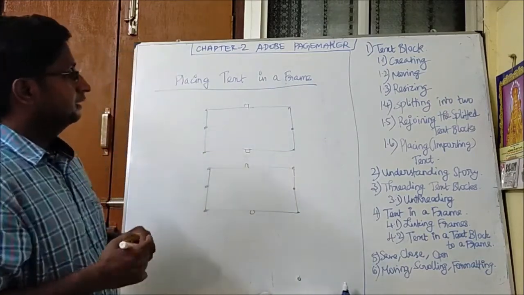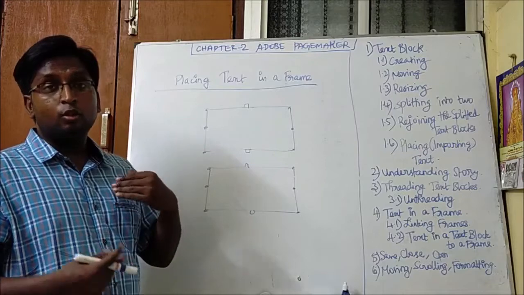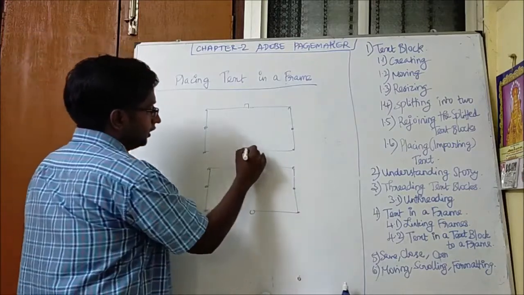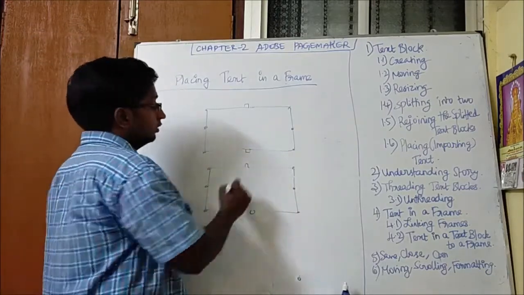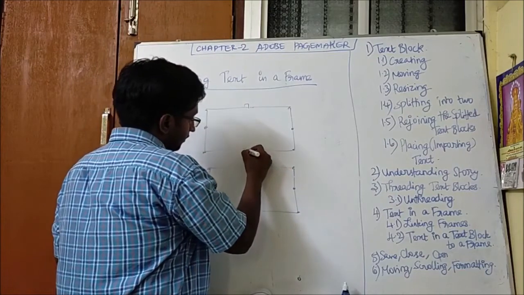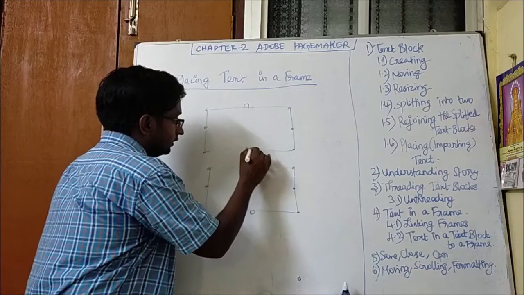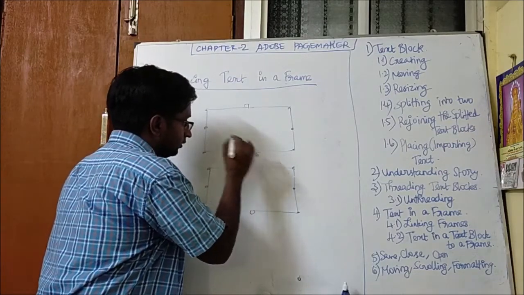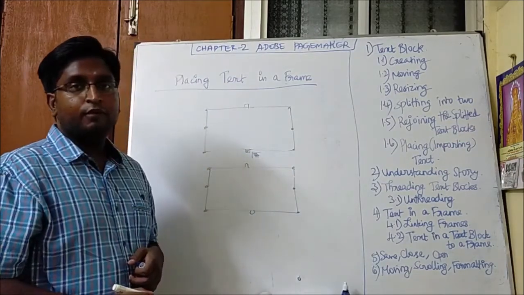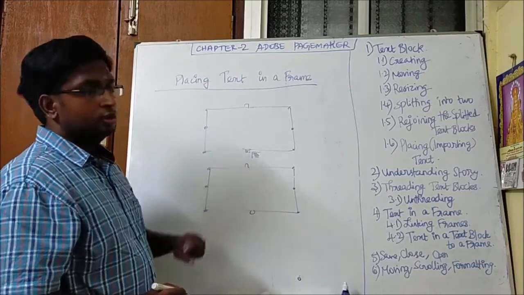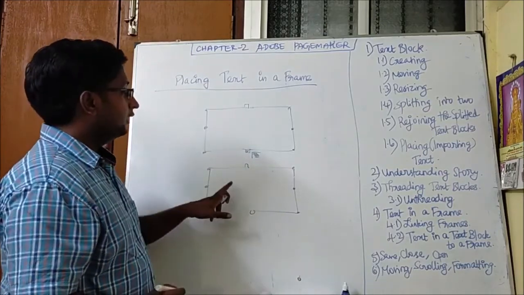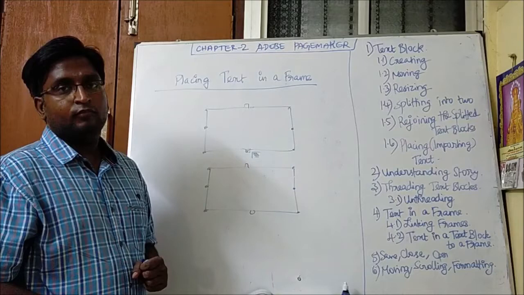Similarly, how we load the text by clicking the handle, a triangle will be available there. While clicking on this, the text load icon will be available. Once you load the text, click on the second frame.